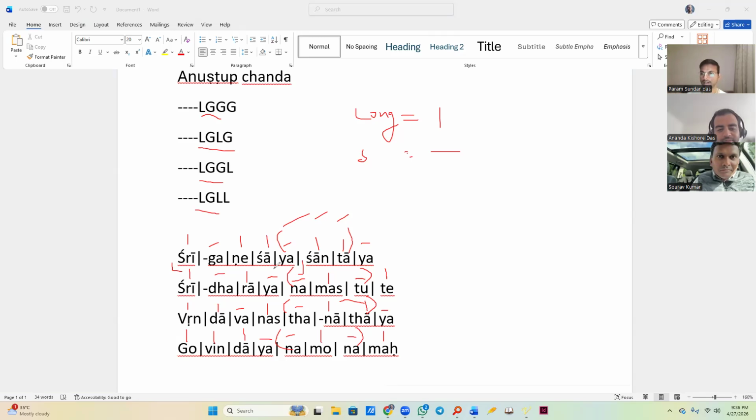Tasyaha Gana, her associates, the Parshad, the gopis, the sakhis. Te tasam ishah, their master. So it becomes Shri Ganesh. Tasmai namaha iti Shri Ganeshaya namaha.